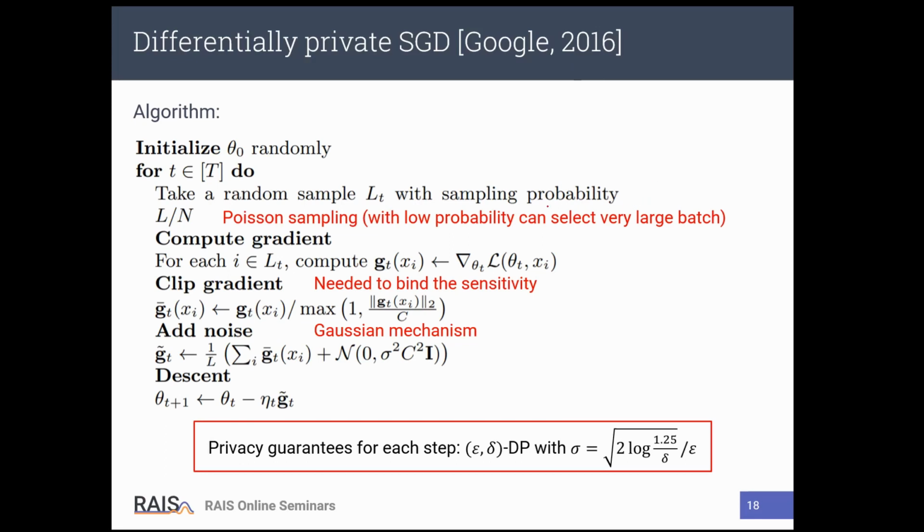Basically, the results in the paper are not very comparable to, of course, non-private machine learning. But still, they achieve an accuracy which is definitely much better than random choice, so I think this is a good starting point.